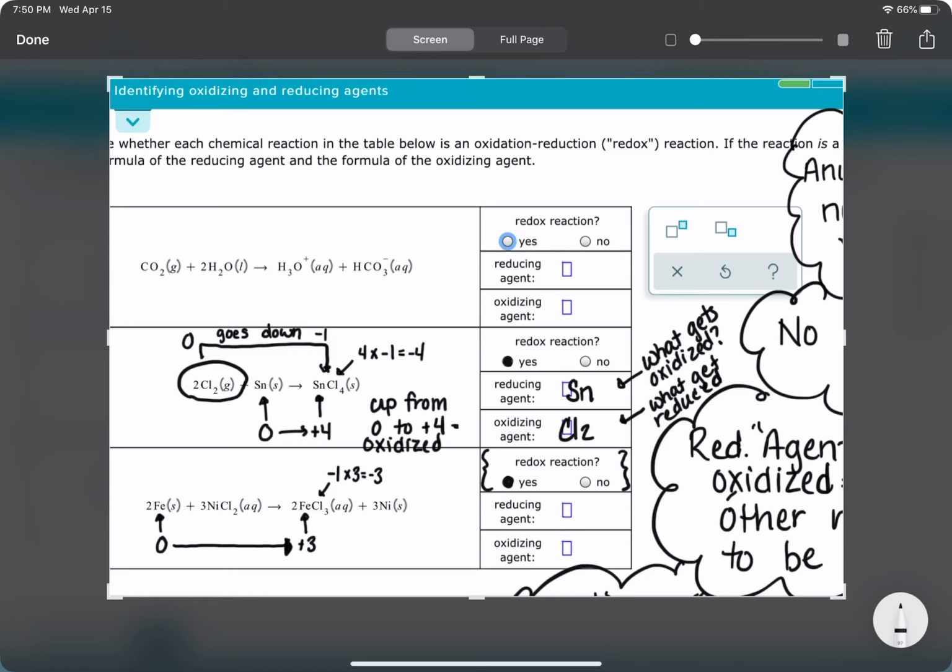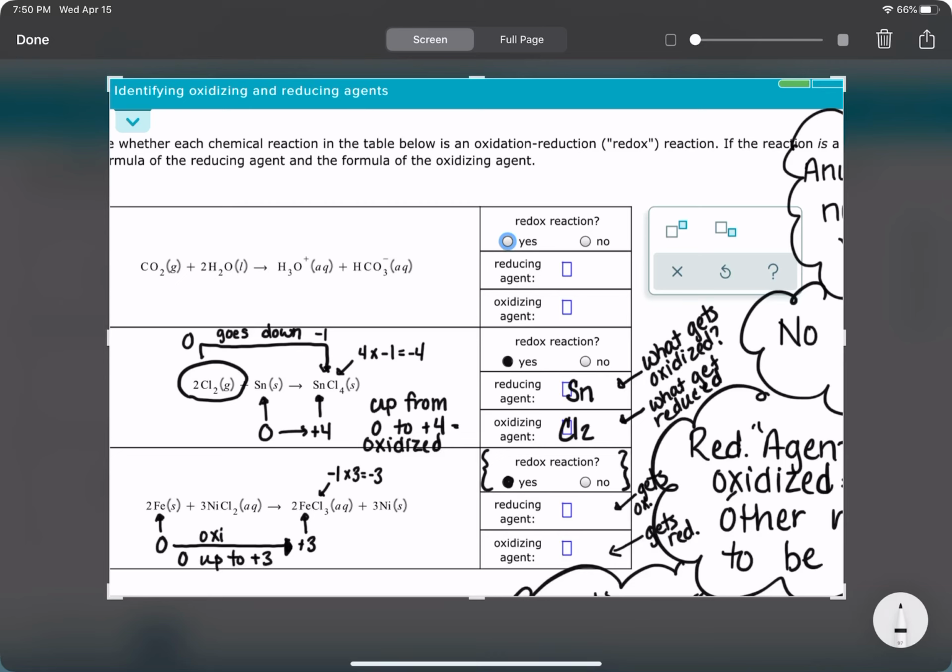So since we know that it's a redox reaction, now we have to decide what the reducing agent is and what the oxidizing agent is. Remember, the reducing agent is the thing that gets oxidized, and the oxidizing agent is the thing that gets reduced. So what's going on with iron? We've already focused on iron. We are going from a 0 up to a +3.